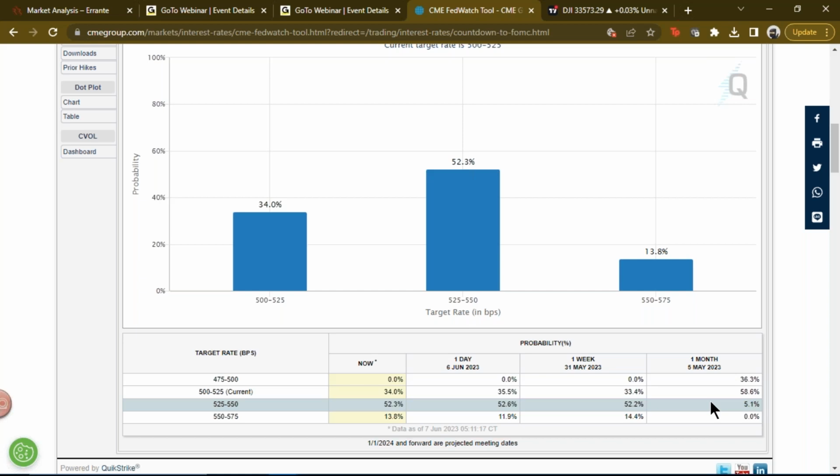Really interesting for us, this deteriorating services sentiment is something to keep a close eye on, because you have to remember this sector has kept global economies ticking along quite nicely over the past few months. So if we do get another few months of this ISM services data falling, then that will be significant for the economy going forward.